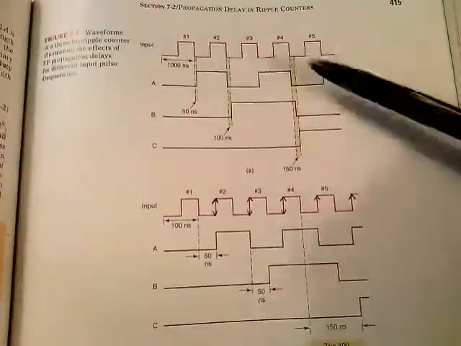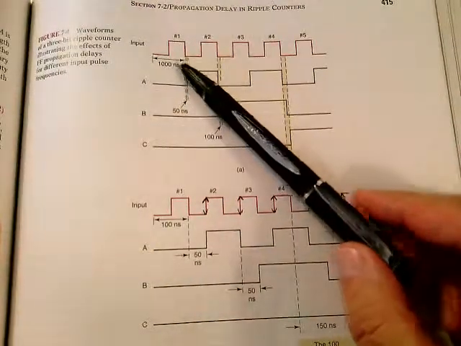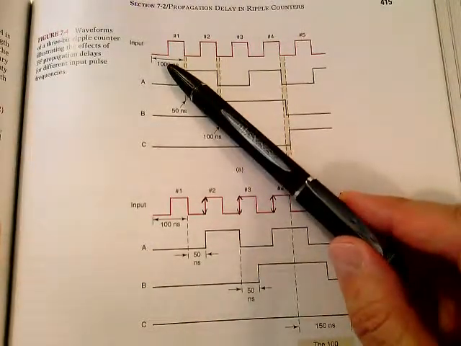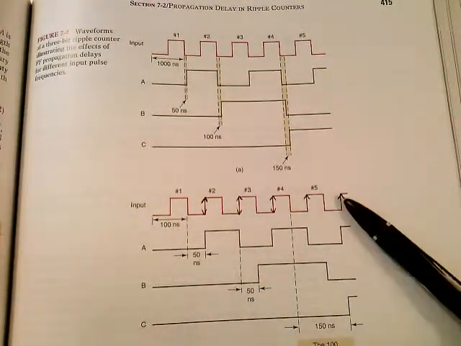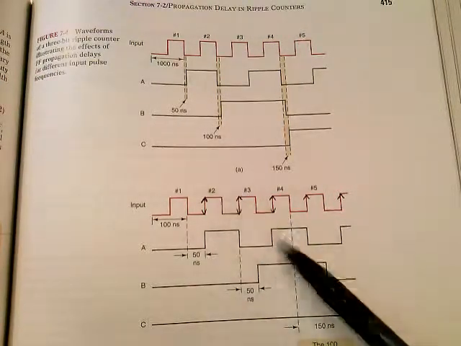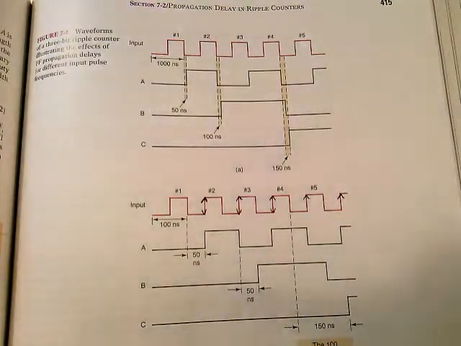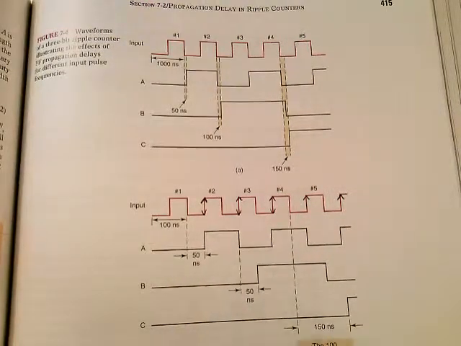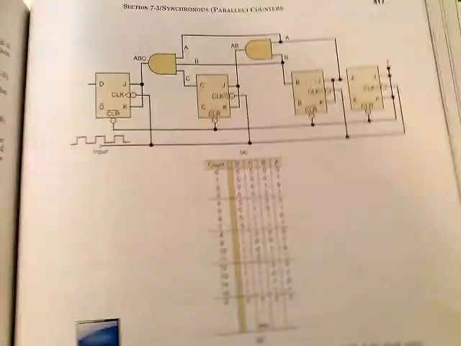If you look at in the book, there's no problem here because the clock speed is slow enough. But if you increase the clock and the period gets smaller, you may miss a state because you're not allowing for enough time for all the flip-flop rippling action to take place. That's why ripple counters are a lot slower. But this is what I was getting at.